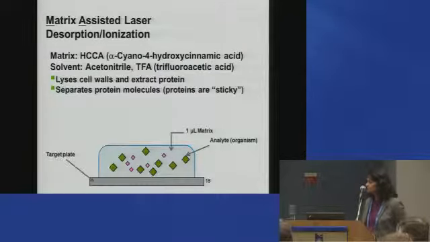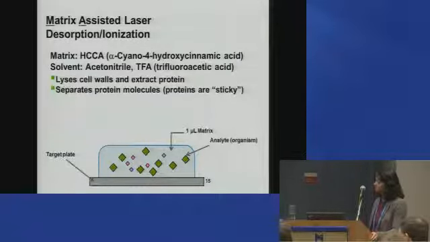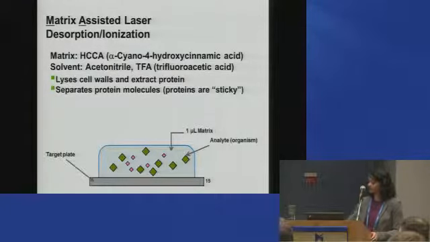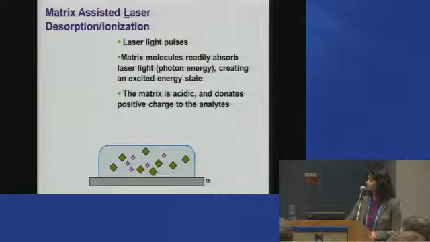So what you do is, now you've got your organism onto this target plate. You add your matrix, which is your HCCA, which seems to work very well for a lot of our microbiology analysis. And then you're now ready to do the laser part, which is putting it into the instrument, and that's the laser that's shining on your spot.